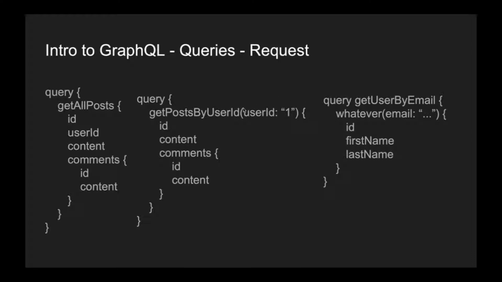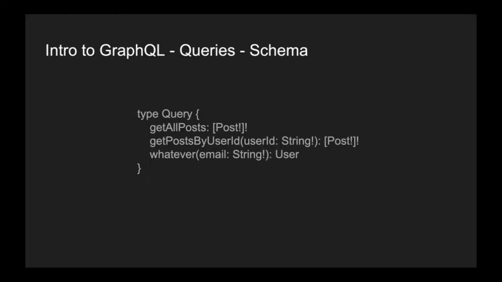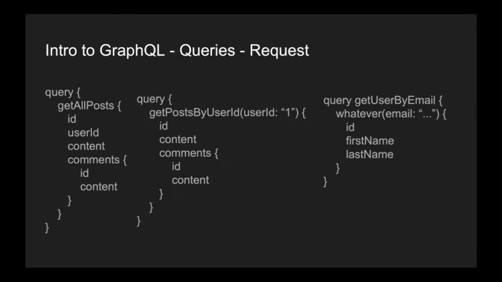You can also see in these examples how I'm passing in arguments for the operations. If we go back right here, we can see that get post by user ID takes in a user ID, which is a string, and then whatever would take in an email, which is a string.